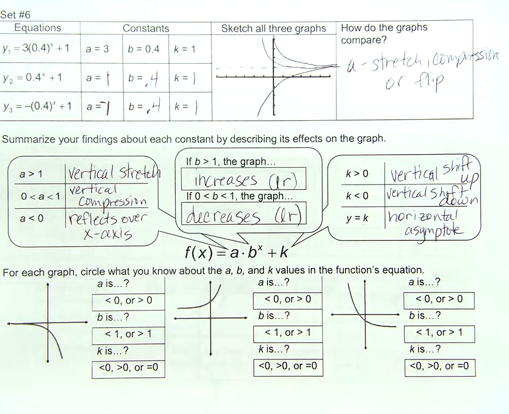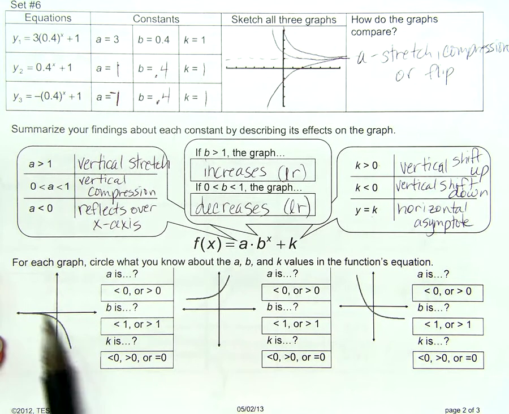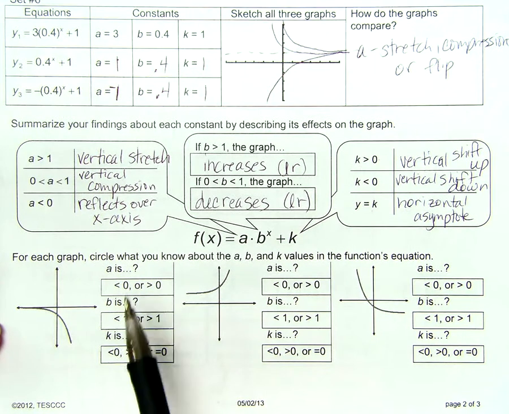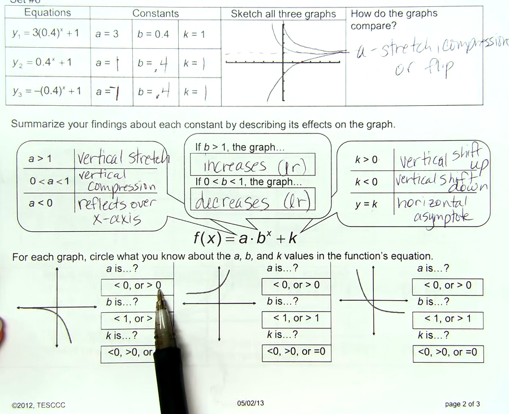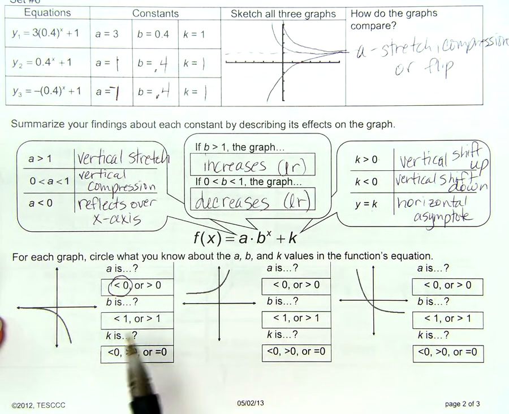Okay? So let's see if we can pick some of this stuff out. What's happening in this graph right here? Is A less than 0 or is A greater than 0? It's less than 0. Why is it less than 0? Is B greater than 1, or excuse me, less than 1 or greater than 1?